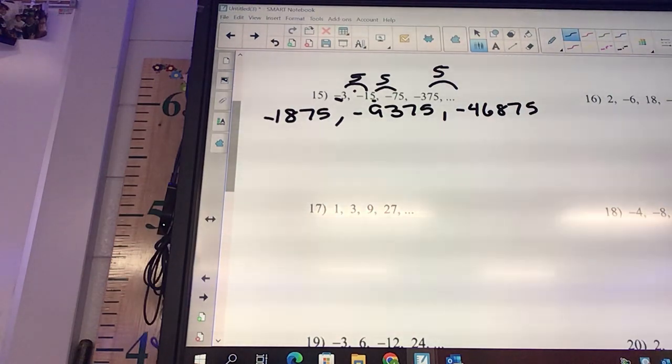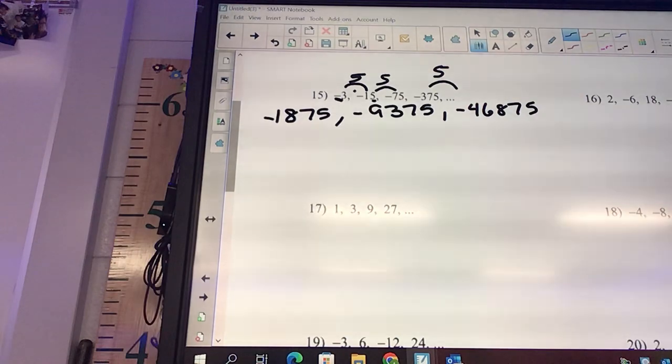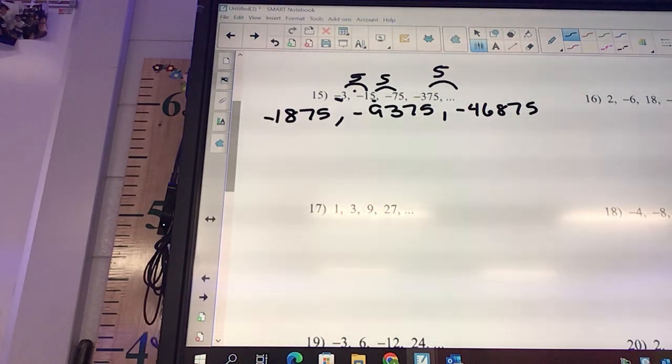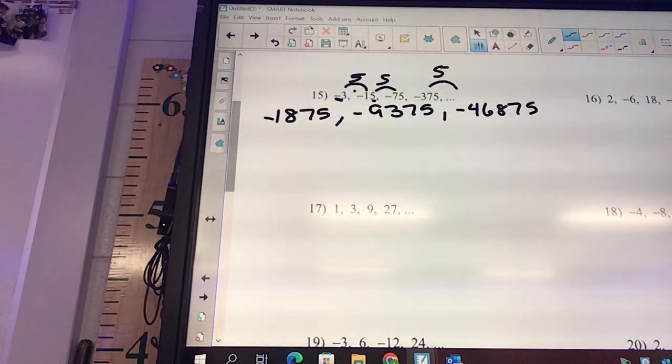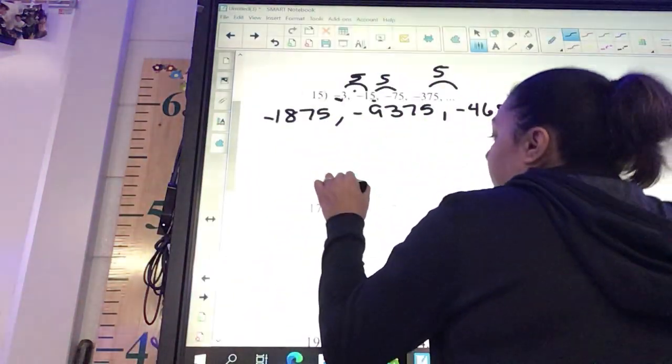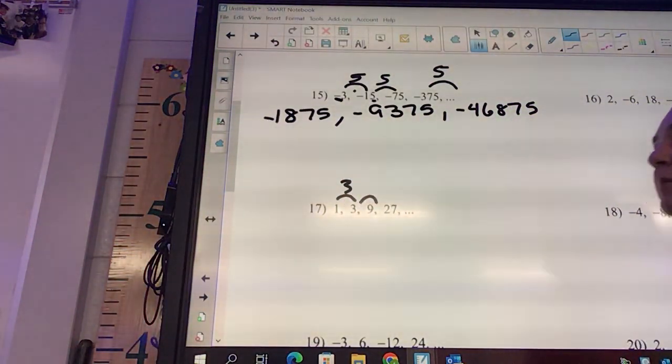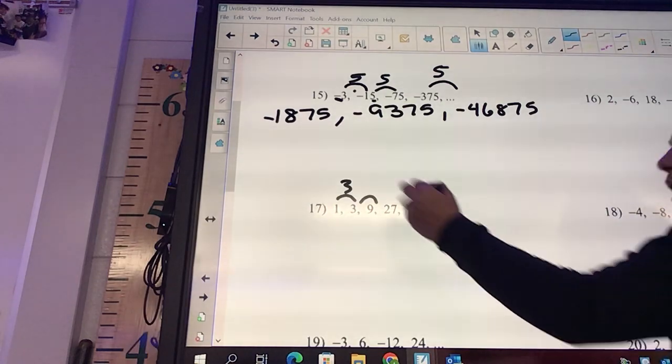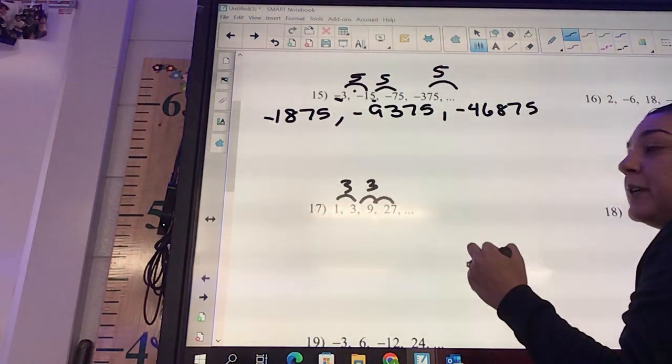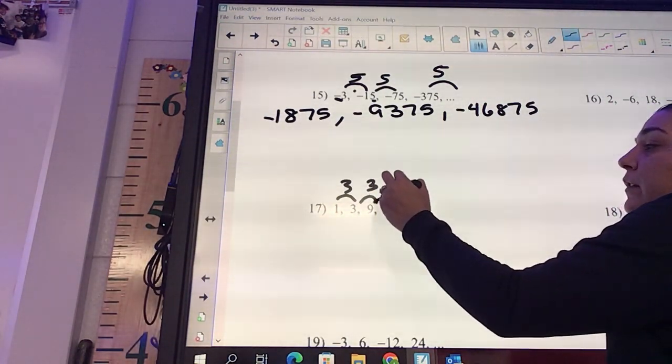Okay, 17. Take a second for yourself. What is that common ratio? Okay, 1 times, you're saying 3, is 3. What is 3 times 3? 9, so that works out. 9 times 3 is 27.